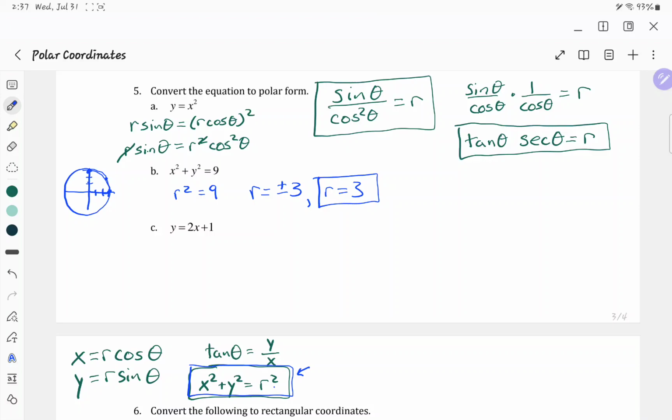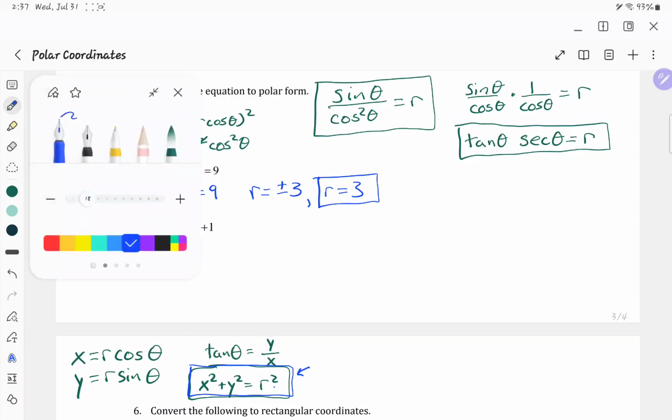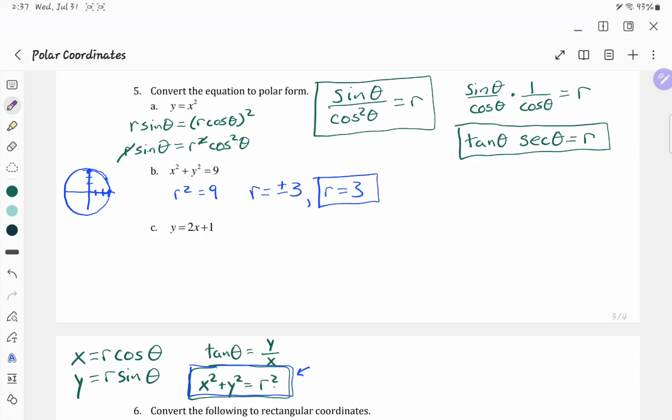Let's go and do the last one here. So we got y is 2x plus 1. For this one, I'm going to go ahead and do the same thing we did on the first one, right? So we're converting to polar. Let's go ahead and replace both the x and the y there. So we got y, r sine theta, and the x, so we'll get 2 times the x, which is r cosine theta.